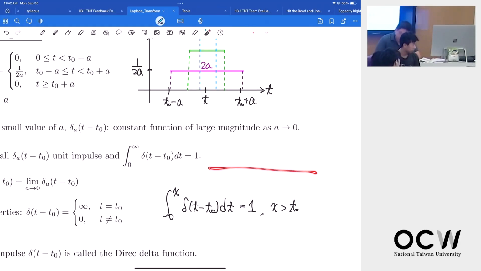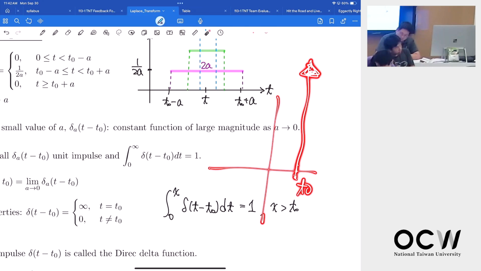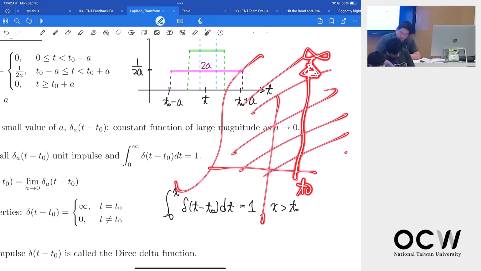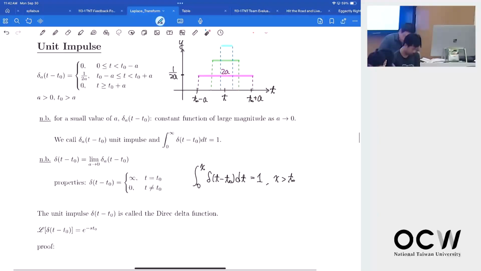Because this is t naught, I have a spike that goes to infinity, but when I take the integration, the area under that function is 1. With a as a subscript, it is the unit impulse. Without it, we call this the Dirac delta function.